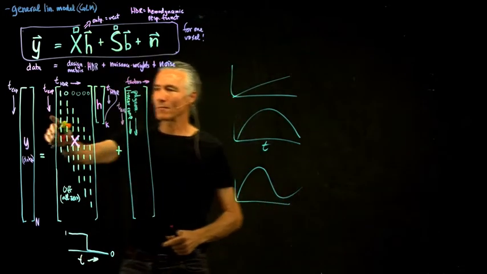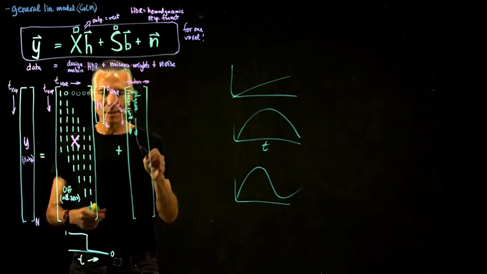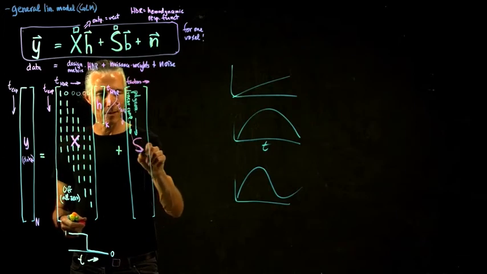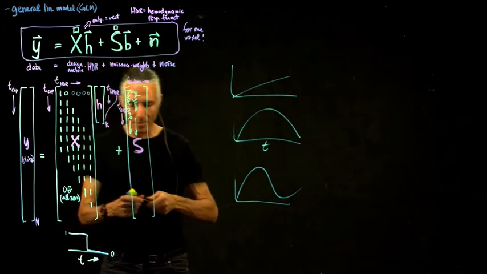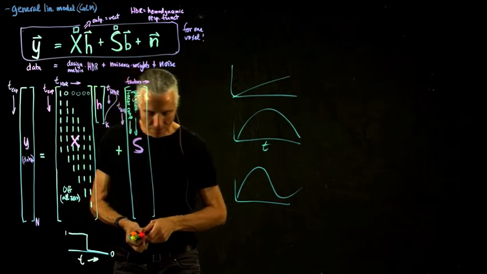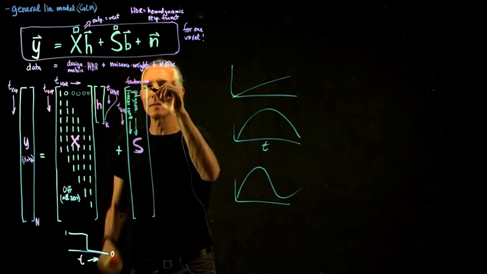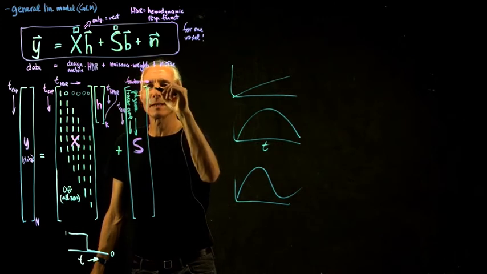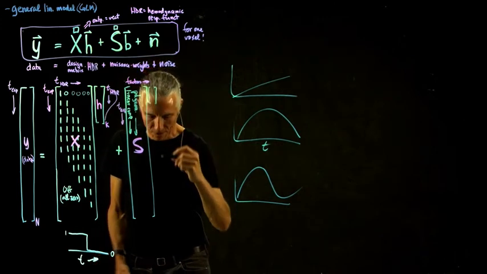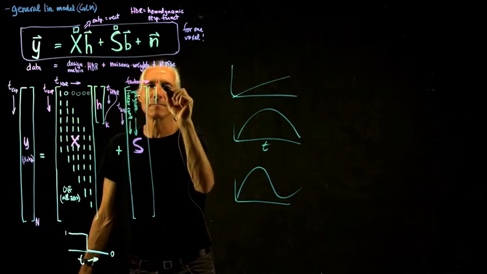That's the same as time of experiment going this way in the S matrix. So this is in the X matrix. So here's the S matrix, and then there's going to be a set of factors. It won't be as big as the hemodynamic response function, like that.